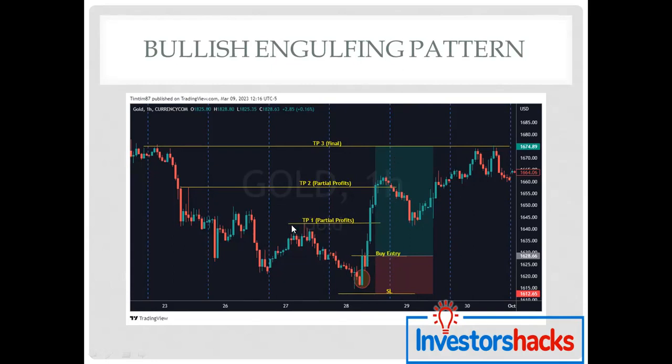As usual, you look at the left. This is where you have your previous high, and therefore this will be your TP1, a place where you'll take your partial profits. Then again here we have a high, so this is where you have TP2, where you take your partial profits again, and your TP3, which is the final TP, is at the high here where I have drawn this line.